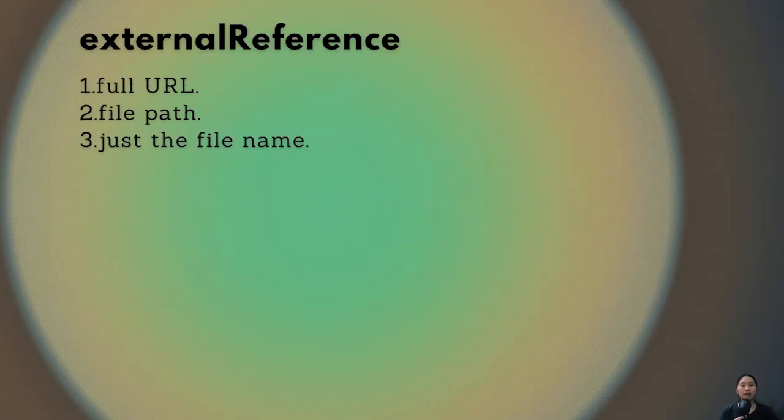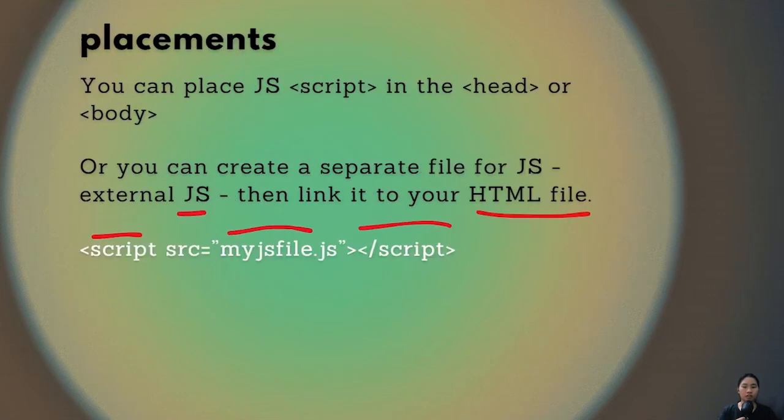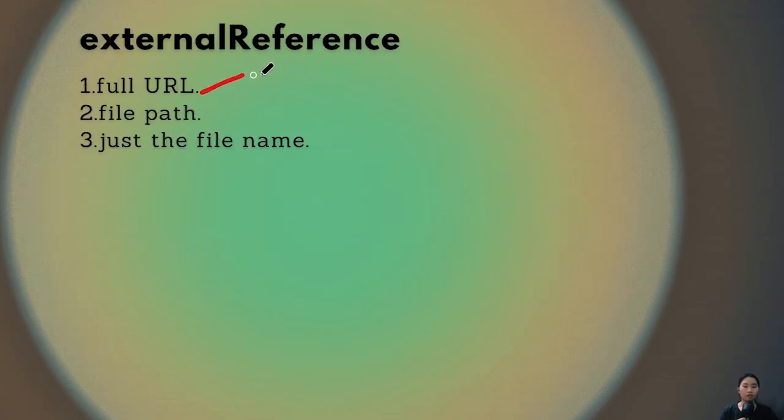Last but not least, how can you reference an external JavaScript file? I'm mentioning specifically this statement right here. What are the different values that you can use for the script tag in order to link the JavaScript file to the HTML file? You can do it using the full URL. If the JavaScript file is online, you can just copy and paste that.